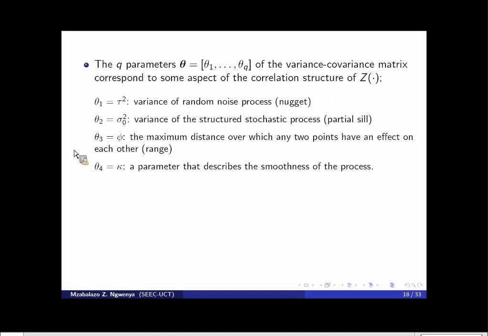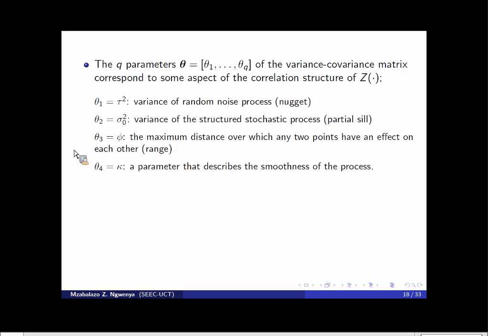We also note that there's another parameter phi over there, which is basically telling you the maximum distance over which you expect points to affect each other or to covary. Remember, our very first assumption is that points closer to each other affect each other more than points further away. So our phi is basically telling us at what distance it does not matter.